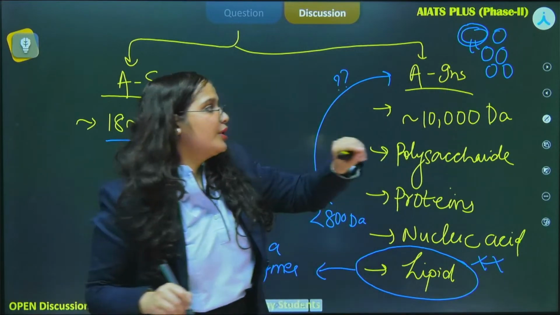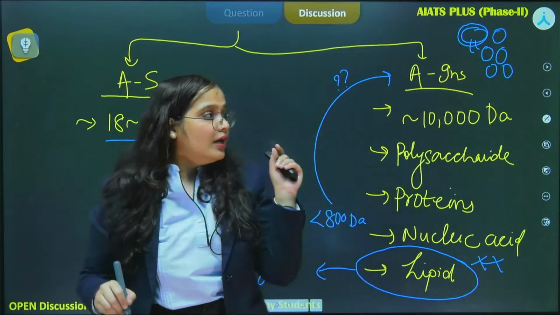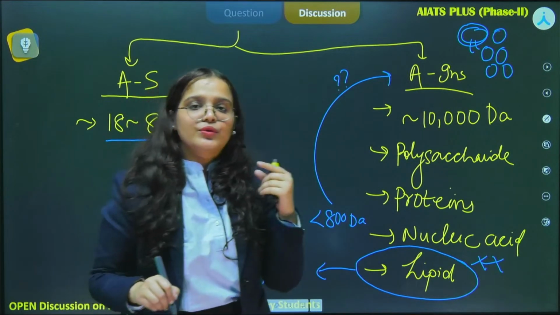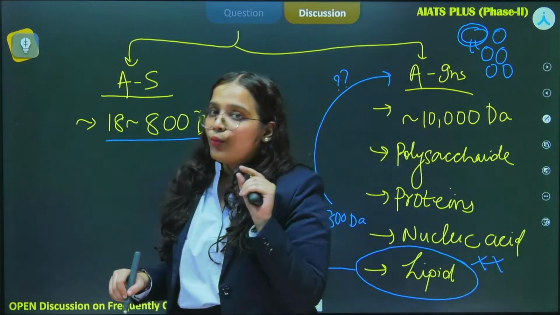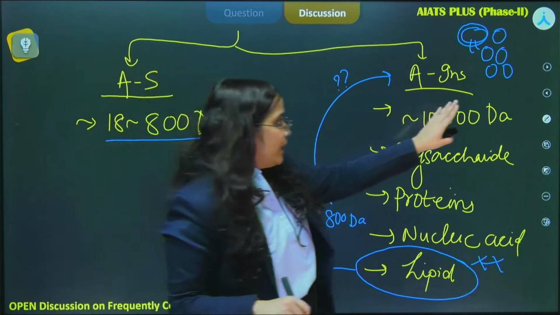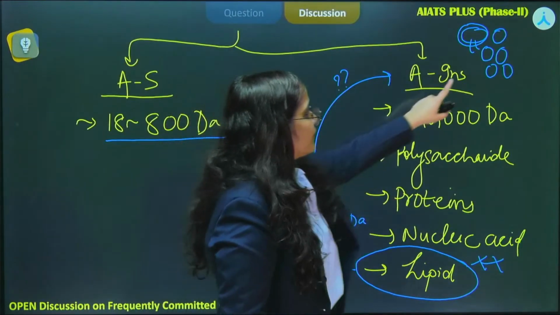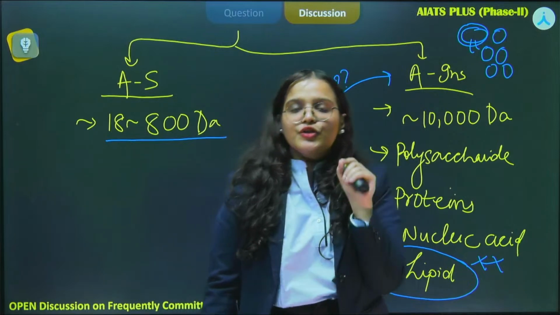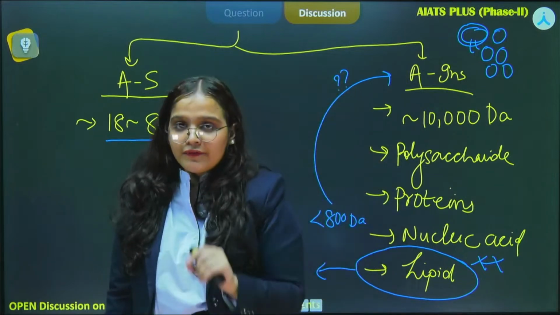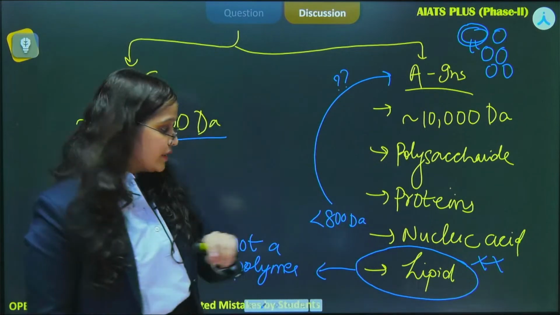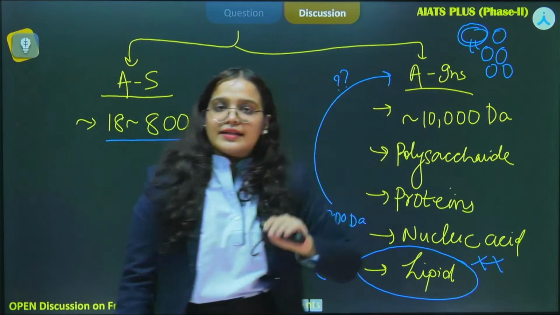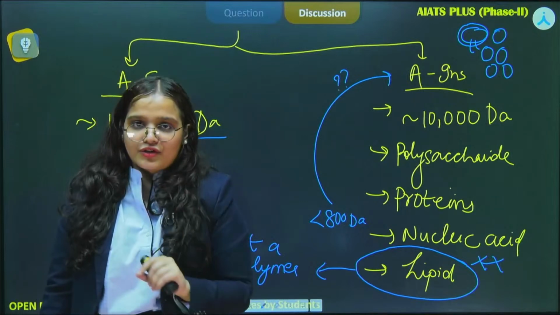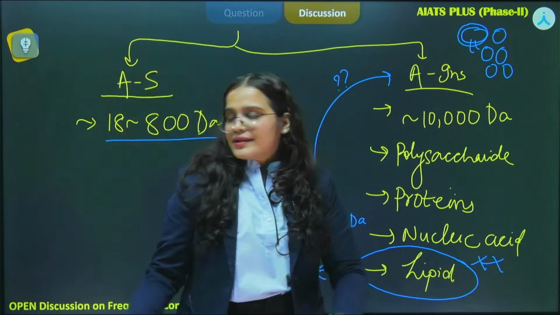It happened because lipid has that hydrophobic nature, which means it will not solubilize in water. So because of that, lipid, even though it is not a polymer, even though it has molecular weight less than 800 Dalton, is found in the acid insoluble fraction. Alright, I hope I am making sense.